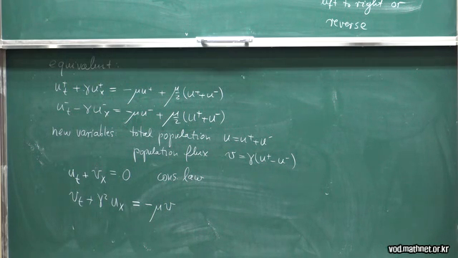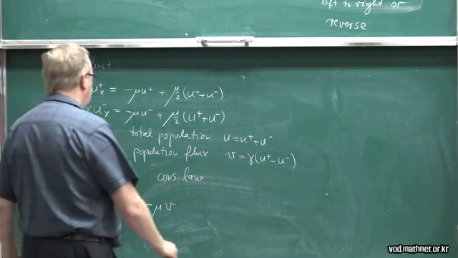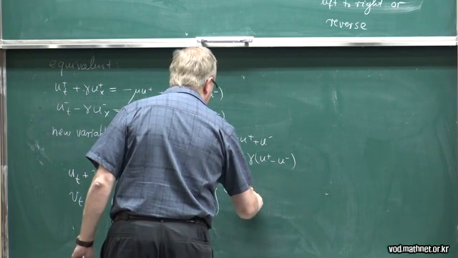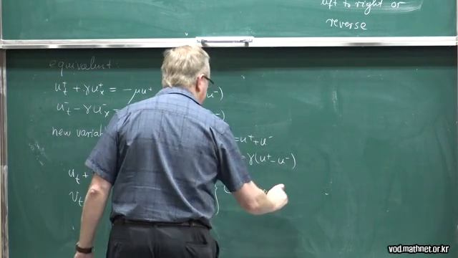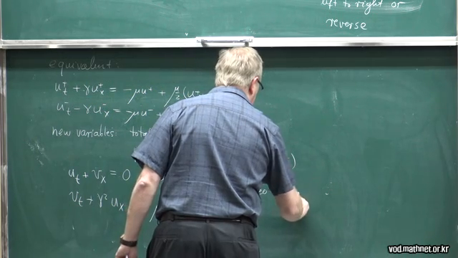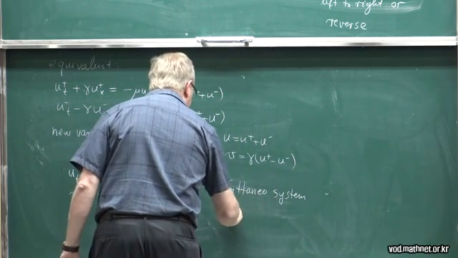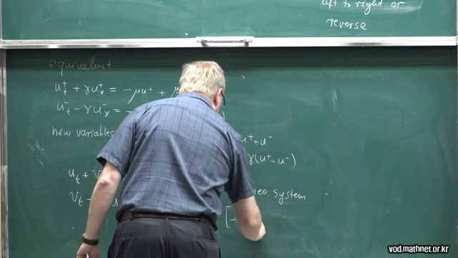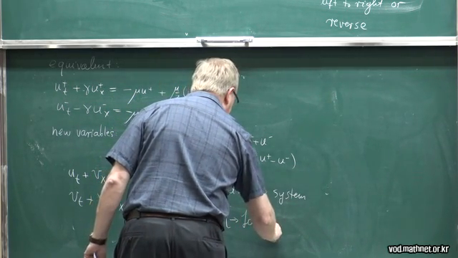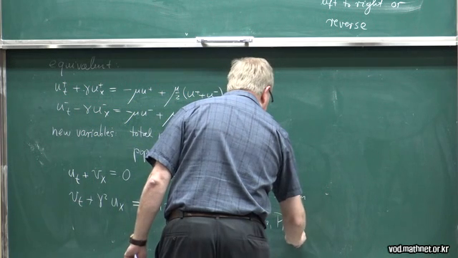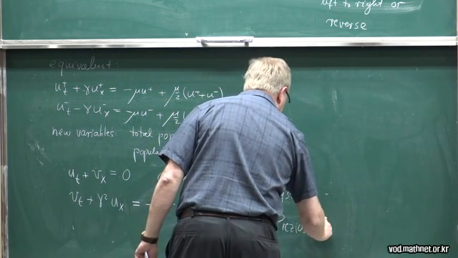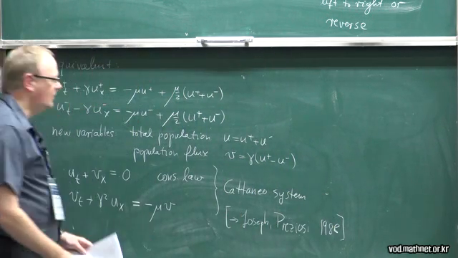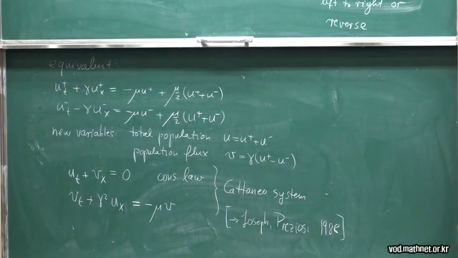Minus mu v. So then this is the law for the velocity, which depends on the total population u as a derivative. Okay. So now this guy is known as a Cattaneo system. There's a wonderful paper by Luigi Preziosi and Joseph Preziosi, 1988, where they talk about these Cattaneo systems.